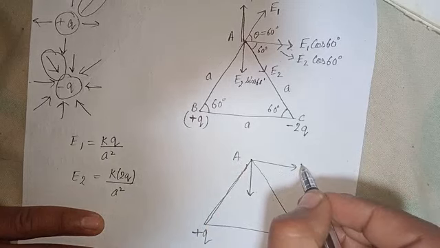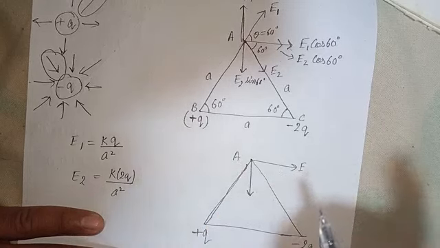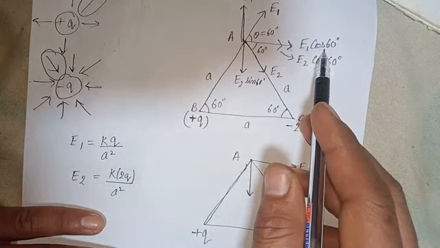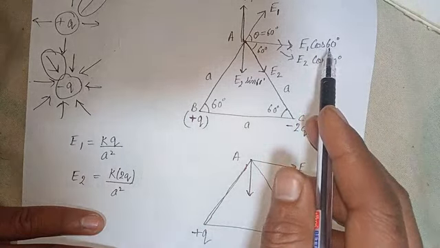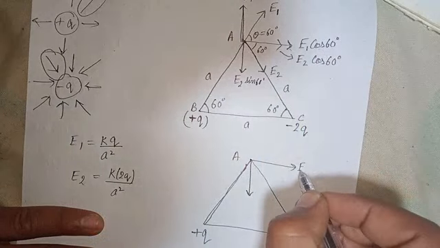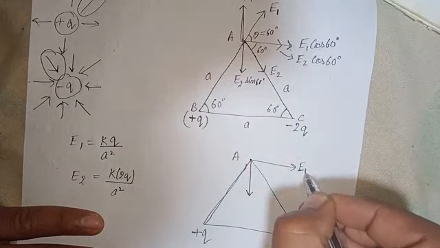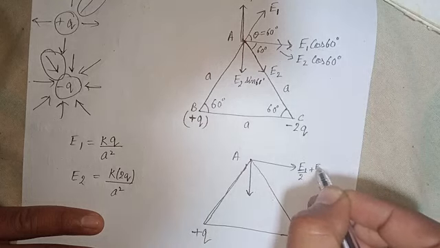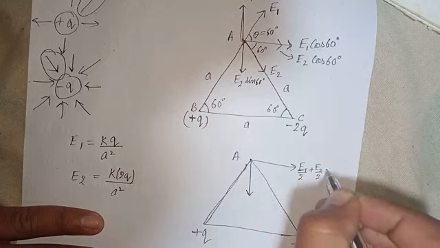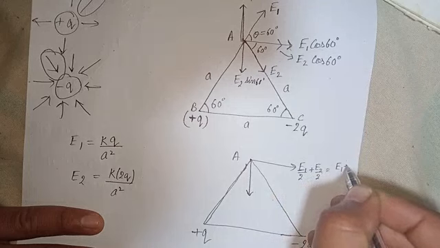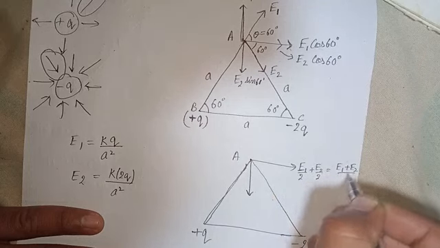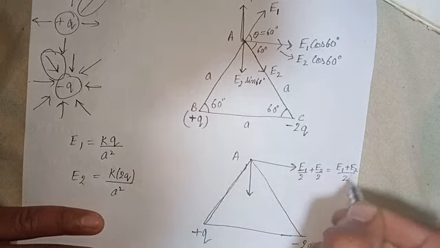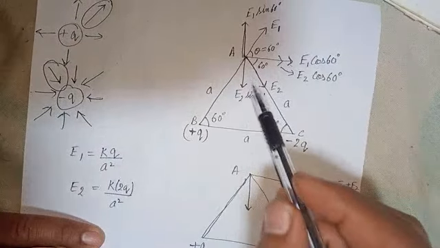The value of cos 60 is 1 upon 2, and sin 30 is 1 upon 2. So this electric field will become E1 by 2 plus E2 by 2, or we can say E1 plus E2 upon 2. This horizontal electric field will become E1 plus E2 by 2.